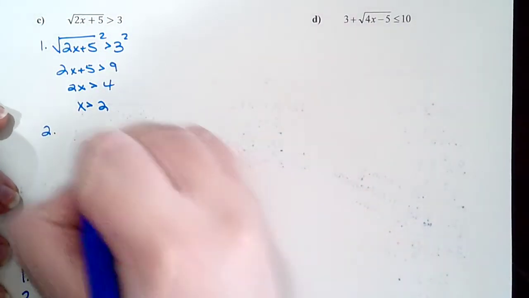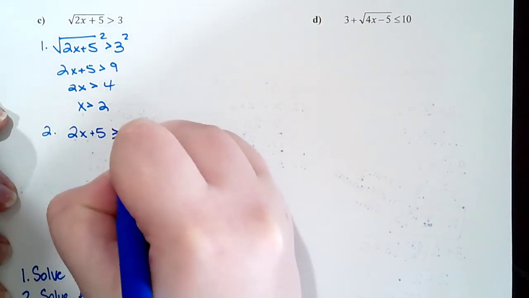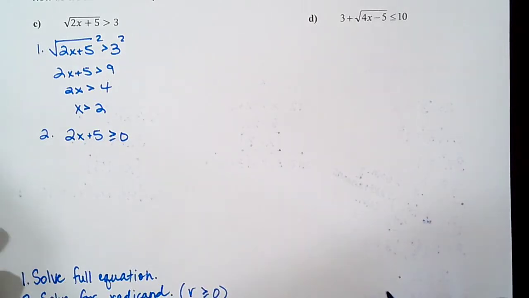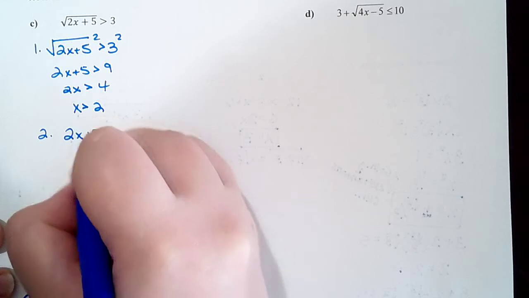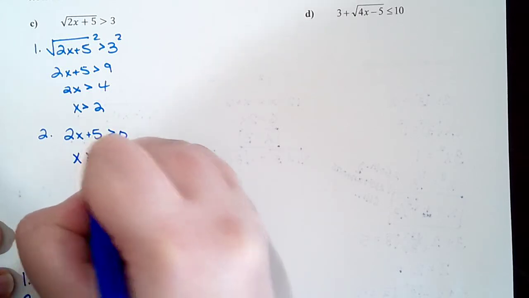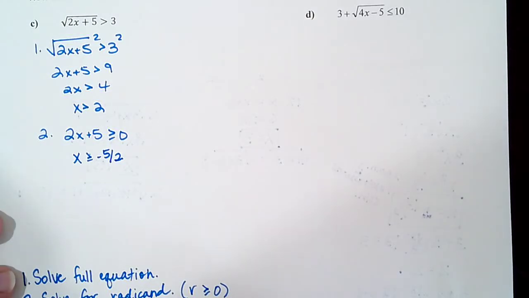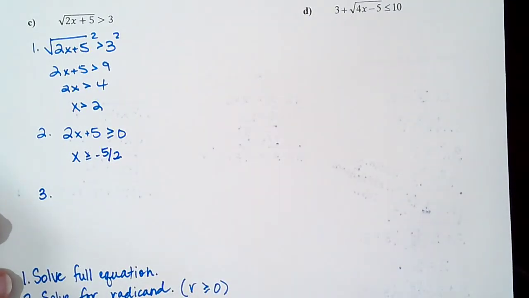So I'm going to take 2x plus 5 and say it has to be greater than or equal to 0. If there's a boundary value I need to be aware of, this is the step that's going to show me where it exists. Move the 5 over, divide both sides by 2. I'm left with negative 5 halves.